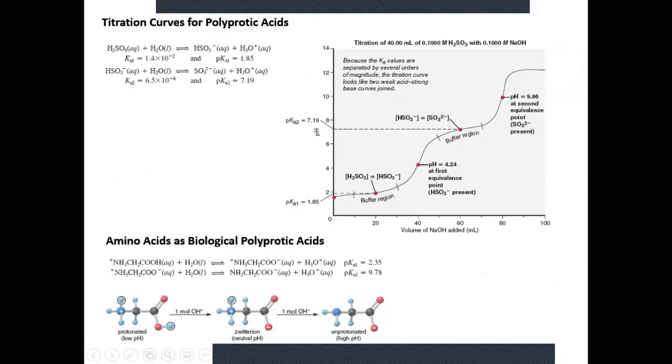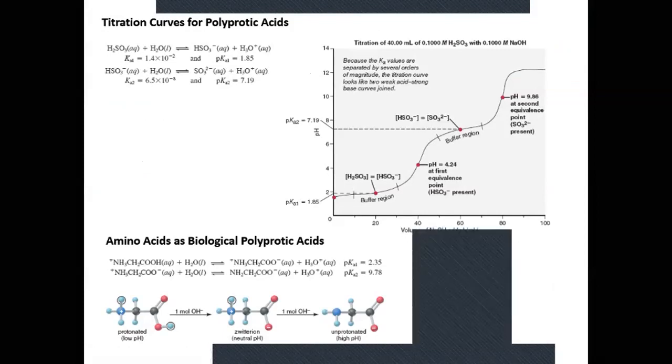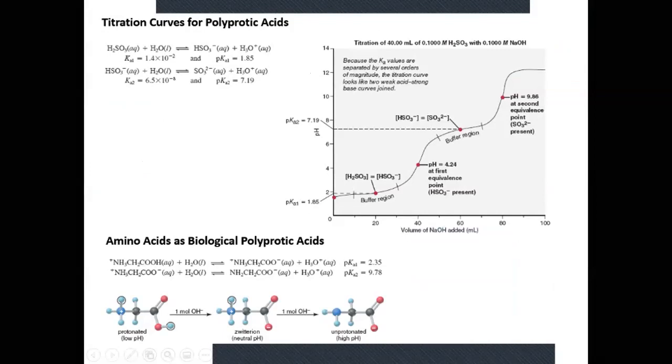And then just to finally conclude with polyprotic acids. So these are di and triprotic acids. Each proton has its own equivalence point. So for a diprotic acid, you have 2 humps.